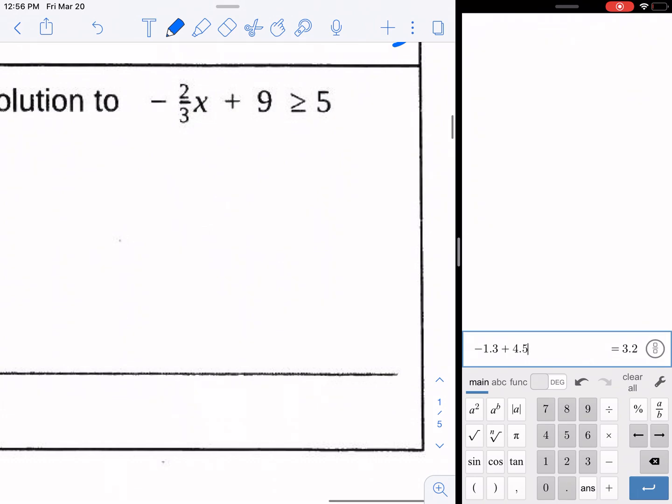Isolate x. So that means I need to start getting things away from the x. So this right here is standing in the way. So how am I going to get rid of that plus 9 and make it go to the other side? Well, it's adding 9. So the opposite of adding 9, I'm going to subtract 9.